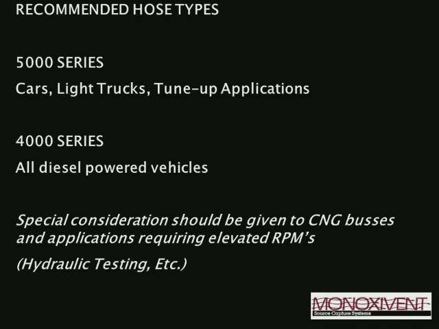One thing that I always tell the engineers when I'm doing a presentation for them is it's very important when you write your specification to include the word continuous if that's what you want. And the reason for that is this. If Minoxavent sees a specification or a system design that calls out 600 degree hose, we're going to assume you meant continuous, and that's how we'll quote the system.